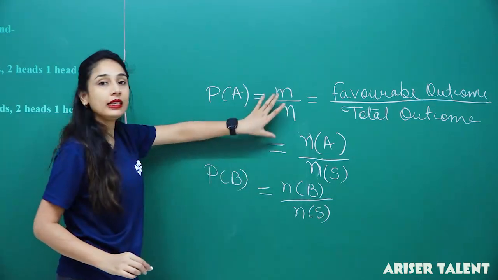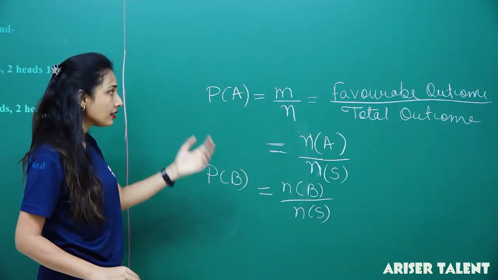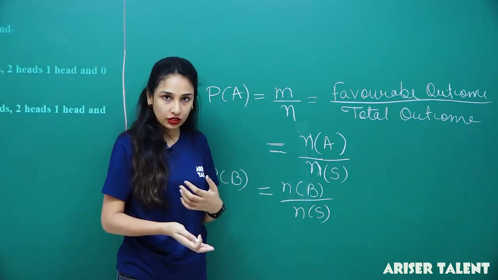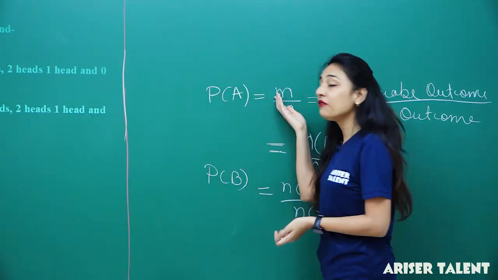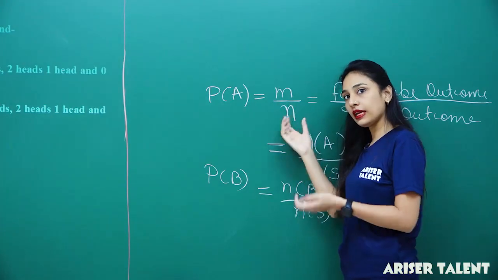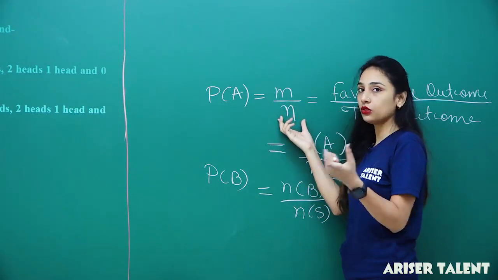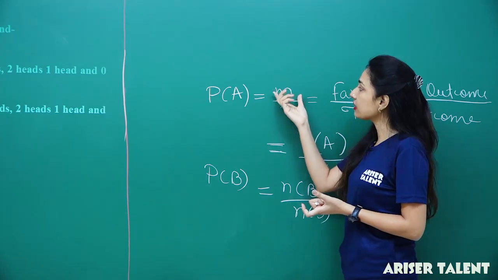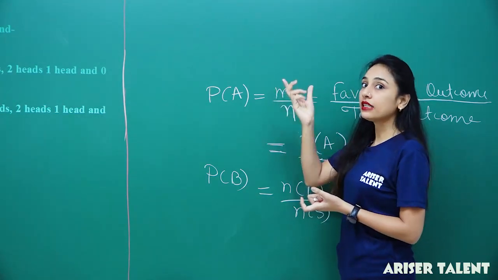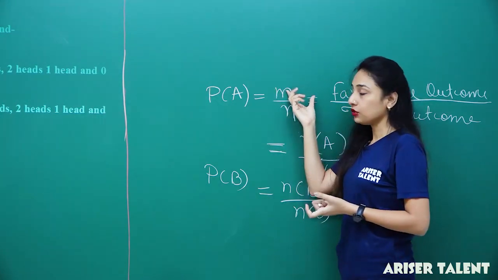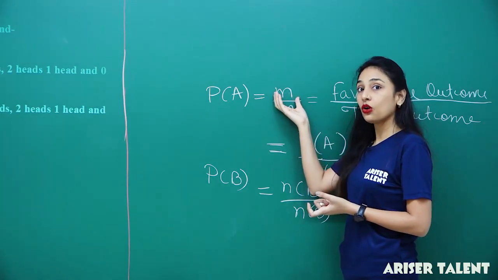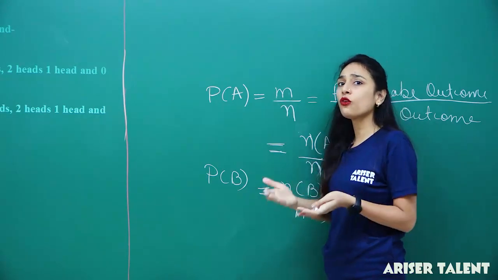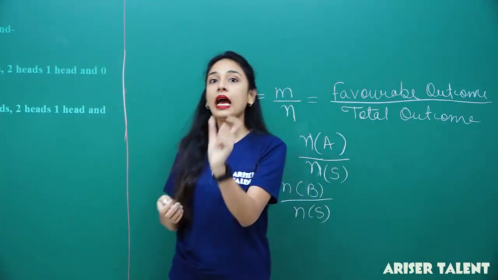This is the same thing, M by N, but if I ask for many outcomes, more than one outcome, then this M will change because N will be constantly the same, the total number of outcomes, but for the first condition M will be different and for the second condition M will be different. So there may not be many values for a single constant. The idea of a constant is having only one value.